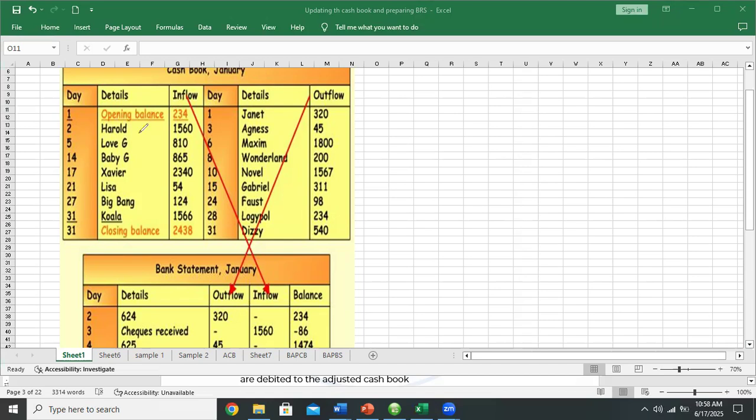So we have, what do you call it? Opening balance, that one we have confirmed. You see 1,560 from Harold. Come to your bank statement, you see that it has been what? Credited, right? So this one, you take them off. Then you go to Love G, 810. Let's check the bank statement if it is there.